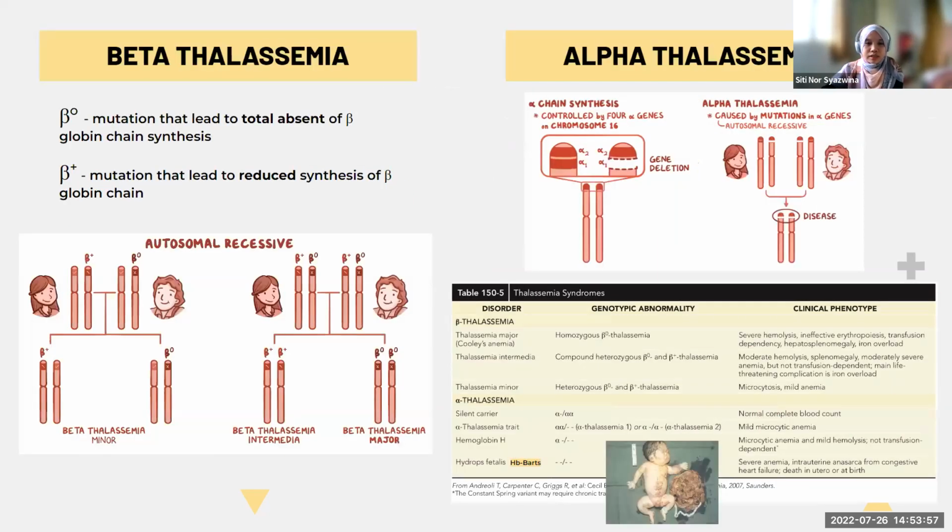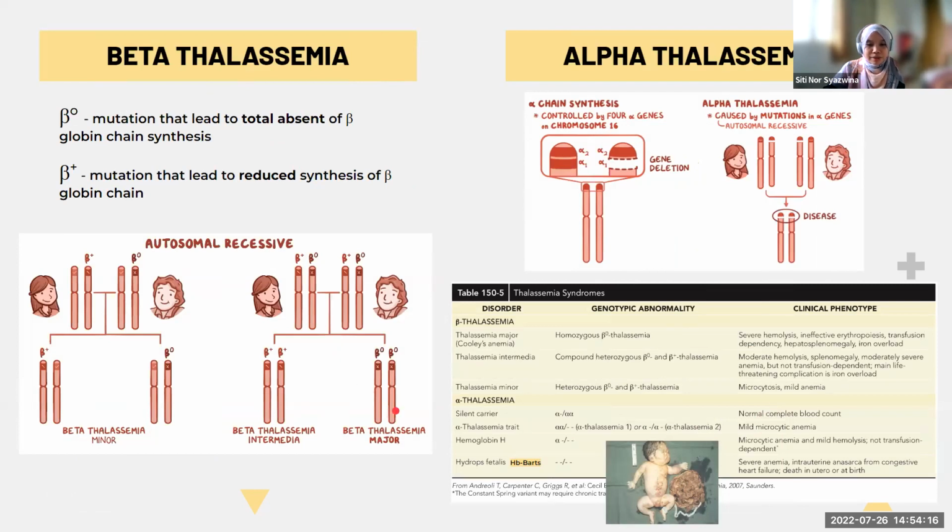So, to dig further into the different types of thalassemia: beta thalassemia is autosomal recessive. It means that we need two copies of gene mutations, one from each parent, to develop the disease.